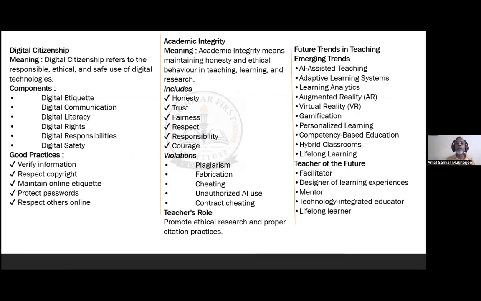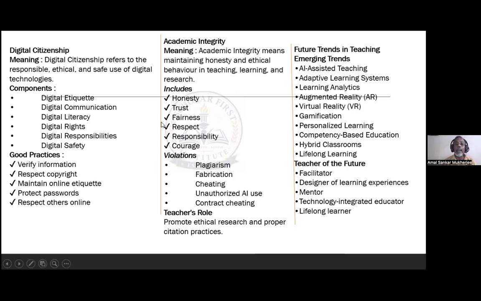Now we come to academic integrity. What does academic integrity mean? Academic integrity means maintaining honesty and ethical behavior in teaching, learning, and research. Academic integrity includes honesty, trust, fairness, respect, responsibility, courage.